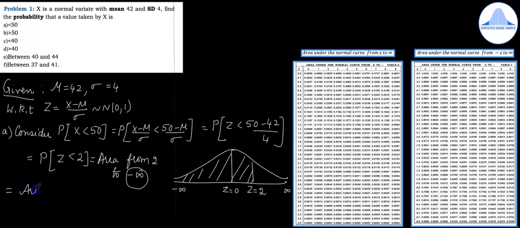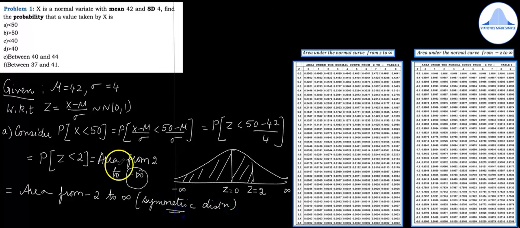So this becomes area from minus 2 to infinity. Why we can do this is because the normal distribution is a symmetric distribution. So area from 2 to minus infinity will be the same as the area from minus 2 to infinity.